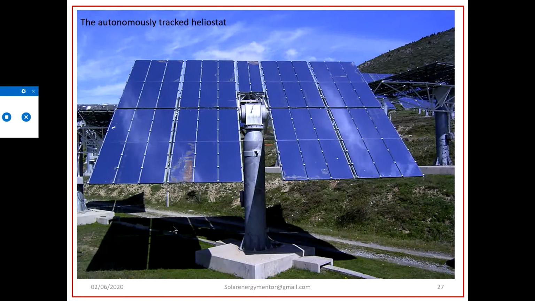So here you can get a clear idea of this is a foundation of the heliostat structure, this is a pole, and then this is a mirror. Okay, this is an autonomously tracked heliostat. There is a great scope for indigenous development of this autonomous heliostat for power generation.